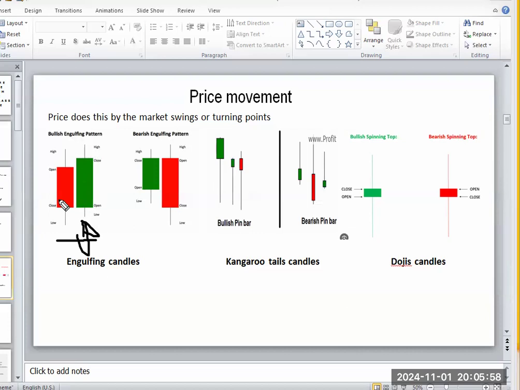It engulfs the candle prior to it. So that indicates that on the next candle, the third candle here, there is a very high probability that the candle will also be going up, right? Some people will say that the buyers are very strong here, and they're likely to continue going up.